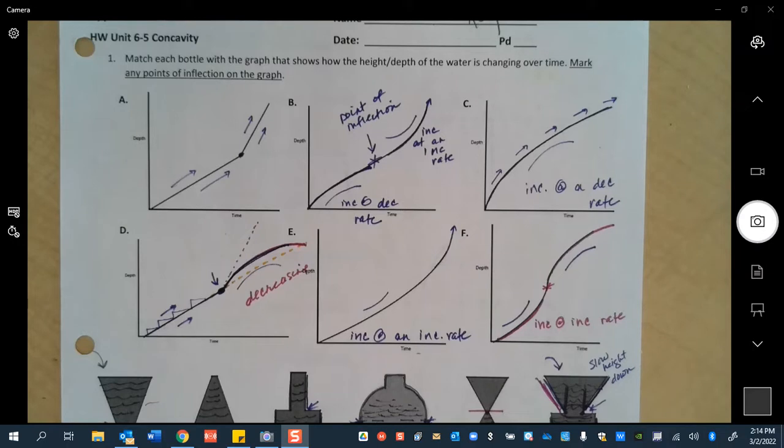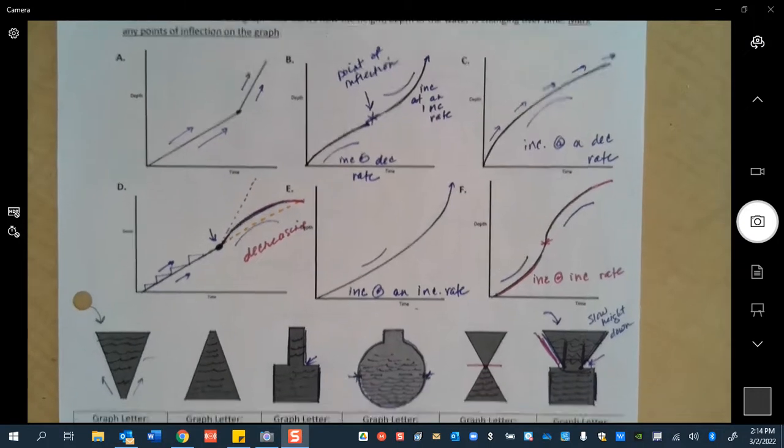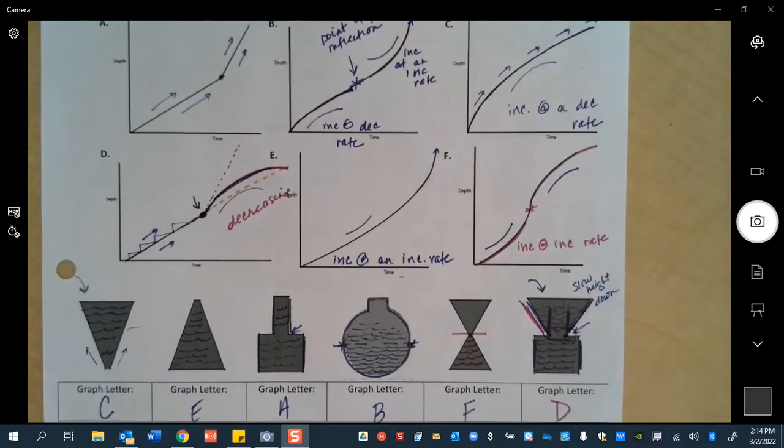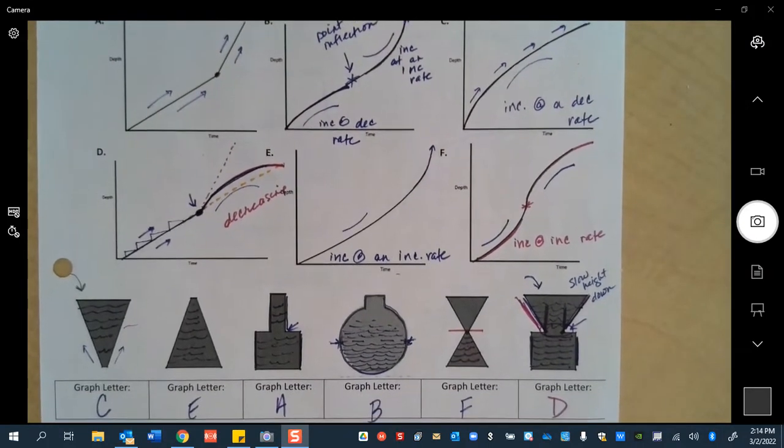That only happens when the sides of my bottle are completely straight. So because the sides of my bottle are completely straight, my height is growing at a steady rate. That's why this is going up at a steady rate.